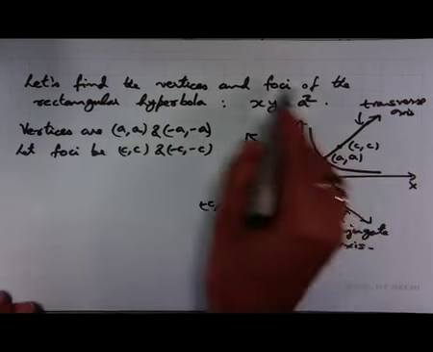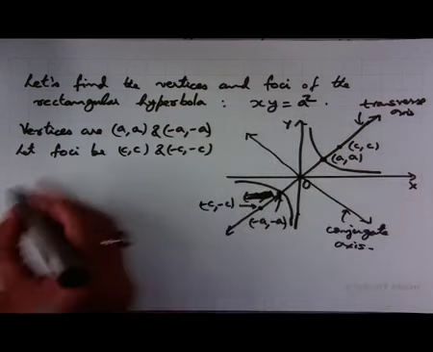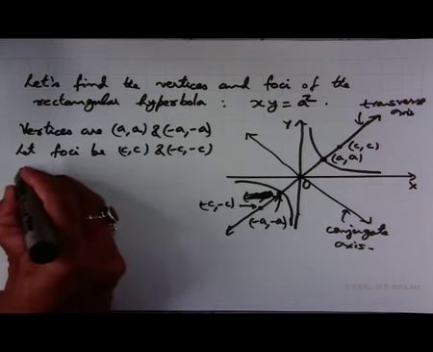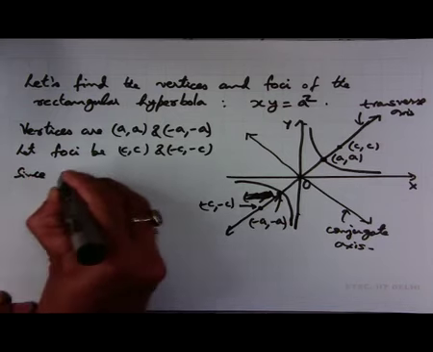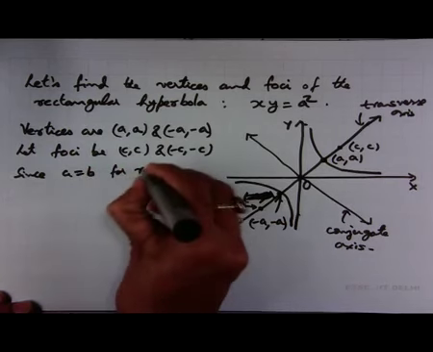Then what we know is that for this rectangular hyperbola, a is equal to b.